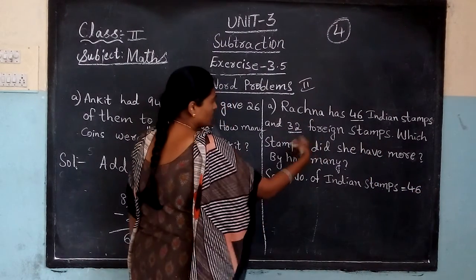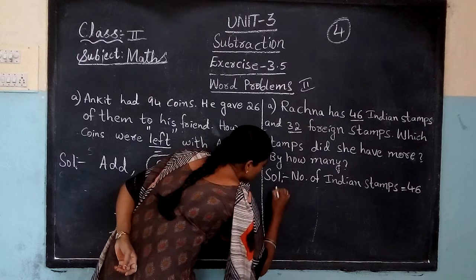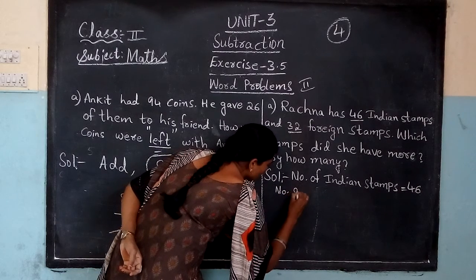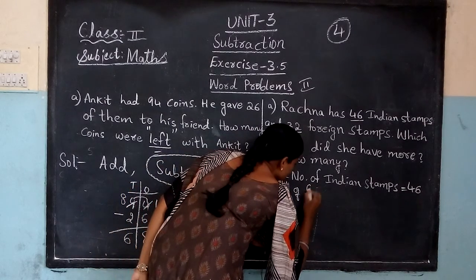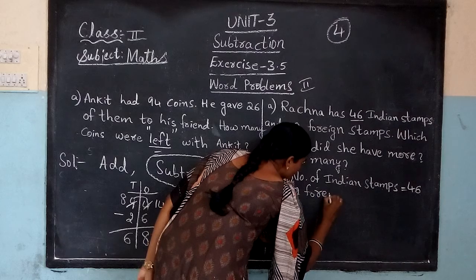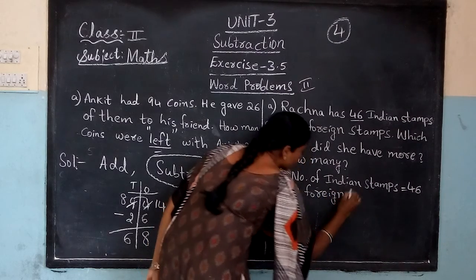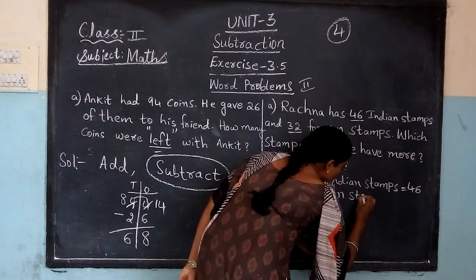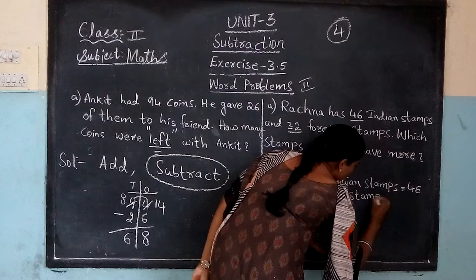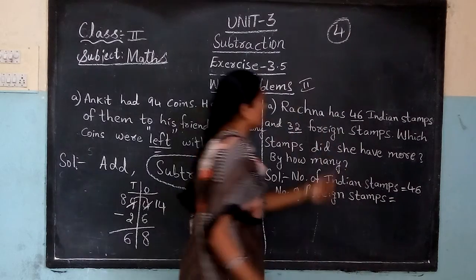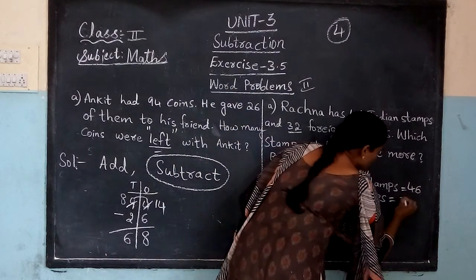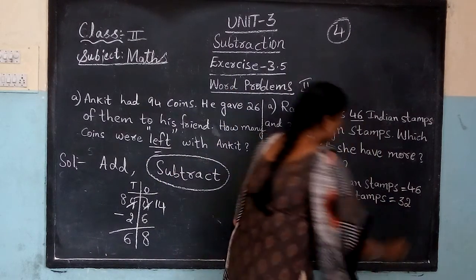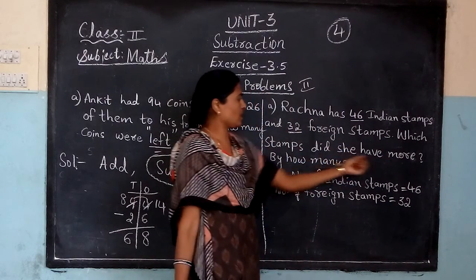Yes, next one. Number of foreign stamps is equal to how many she has? 32. Yes. Which stamps did she have more?